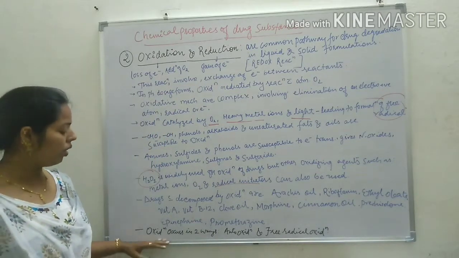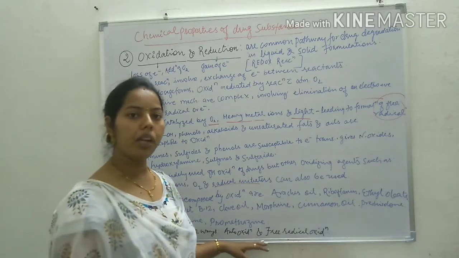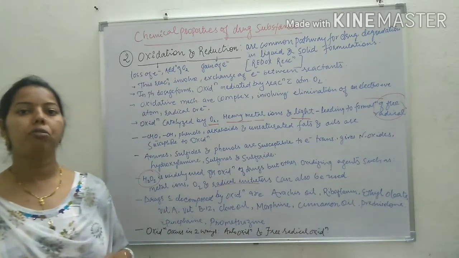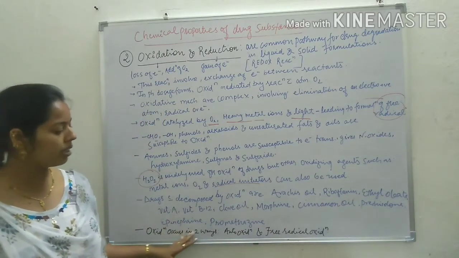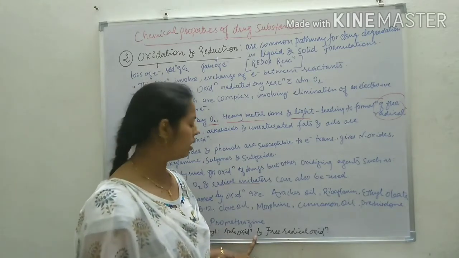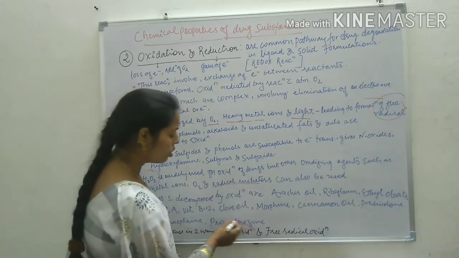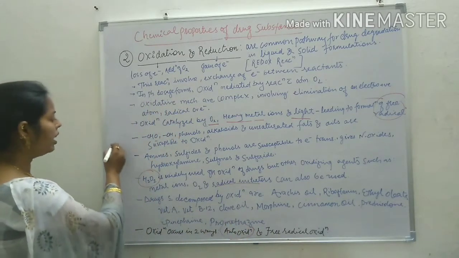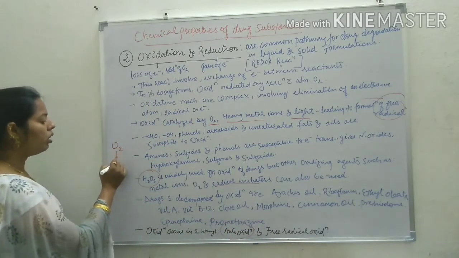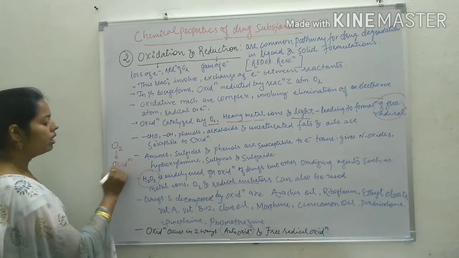After that, oxidation could occur in the formulation in two ways. First is auto oxidation and second is free radical oxidation. Auto oxidation means that because of the environmental oxygen, the oxidation process takes place.